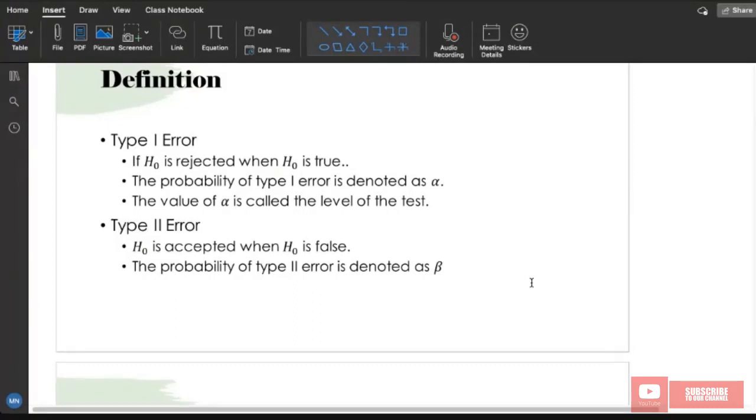So the definition of type 1 error and type 2 error is, type 1 error is if the null hypothesis is rejected when the null hypothesis is true. We are rejecting the null hypothesis when the null hypothesis is true. So this situation is called type 1 error, right?